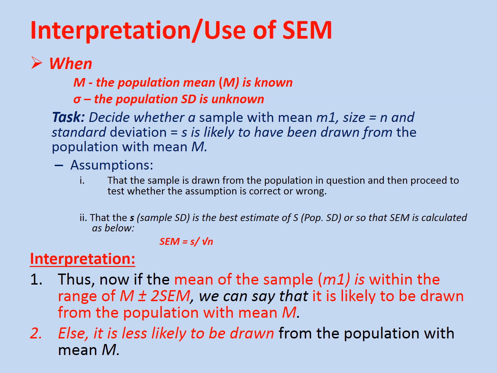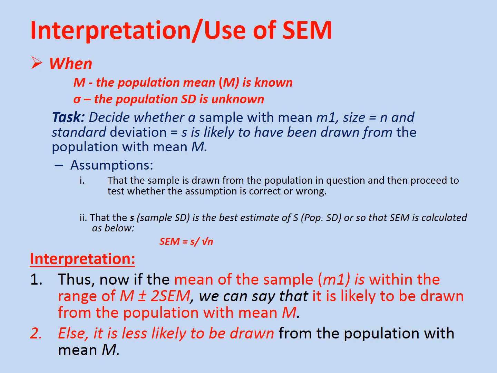The second assumption is that the sample SD, or standard deviation, is the best estimate of the population SD, and so the standard error of mean is calculated as below. These are the two assumptions that we have to make before we go ahead to calculate the standard error of mean. So standard error of mean is equal to population standard deviation divided by under root n, that we have already seen.